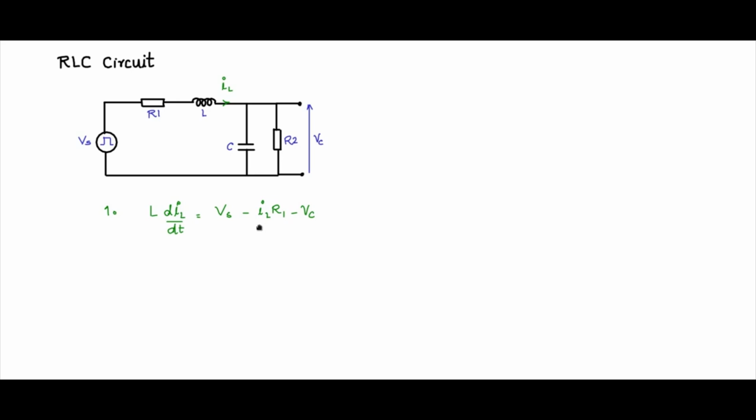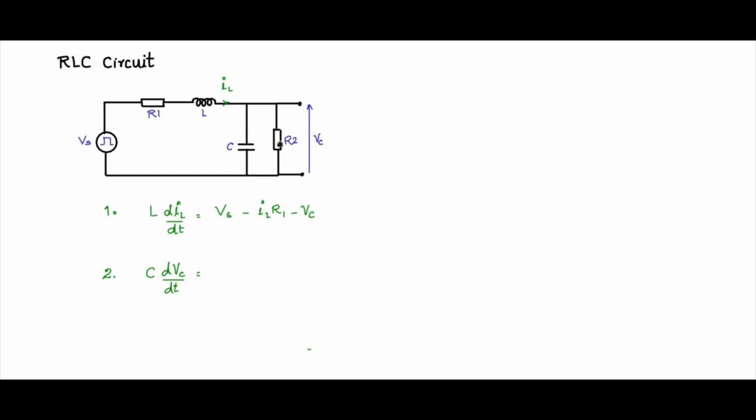Now let us take the other state variable, which is the voltage across the capacitance C. So C dVc by dt is nothing but the current that is flowing through the capacitance C. And that is equal to the current at this node, IL, minus the current here, which goes out, which is basically the current of R2. This is by KCL.